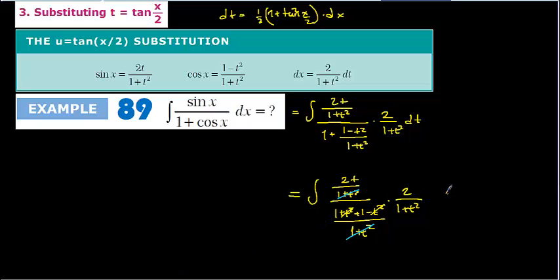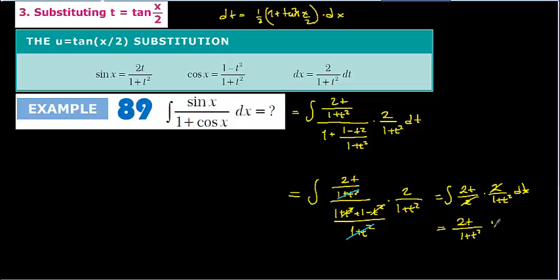Then we are going to have 2t over 2, which is equal to the integral of 2t over 2 times 2 over 1 plus t squared dt. In another form, 2t dt over 1 plus t squared, this 2 and this 2 we simplify.